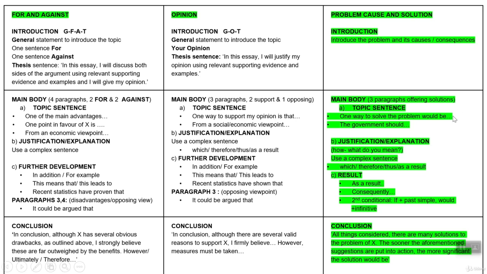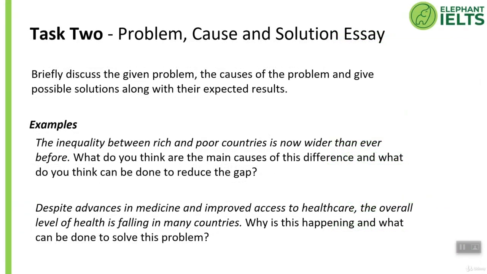Then there are 3 main body paragraphs where you offer solutions for the causes that we talked about in the introduction. And then you finish with a conclusion where you summarize how important it is to take the measures to solve the problem.